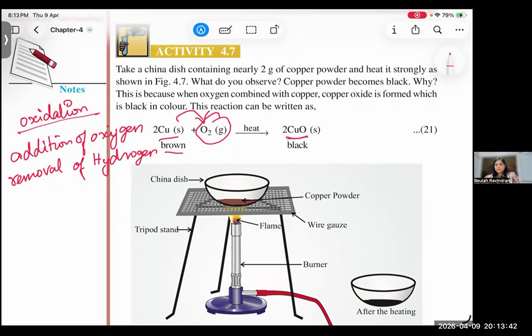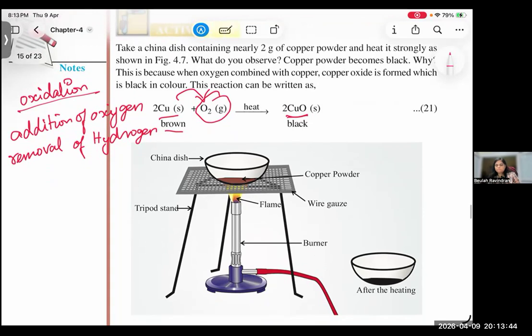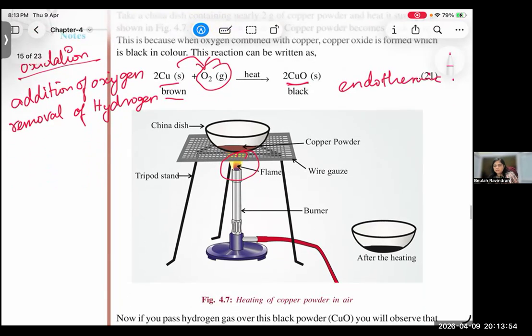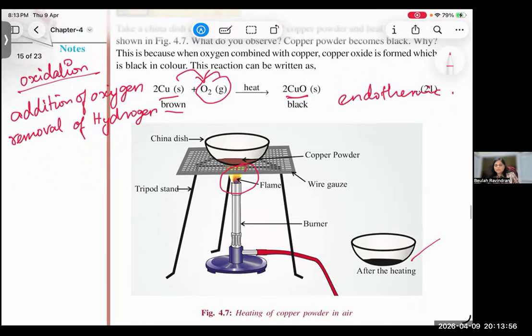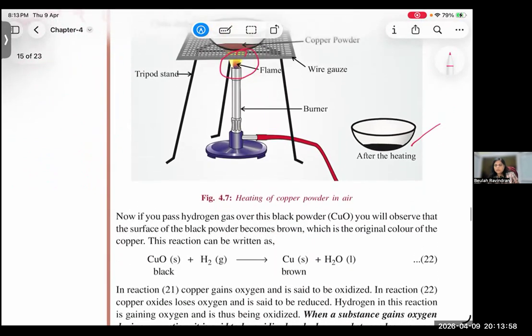That means it is in the heat, so the heat is there, and it becomes black after heating. So this is the famous example of oxidation.